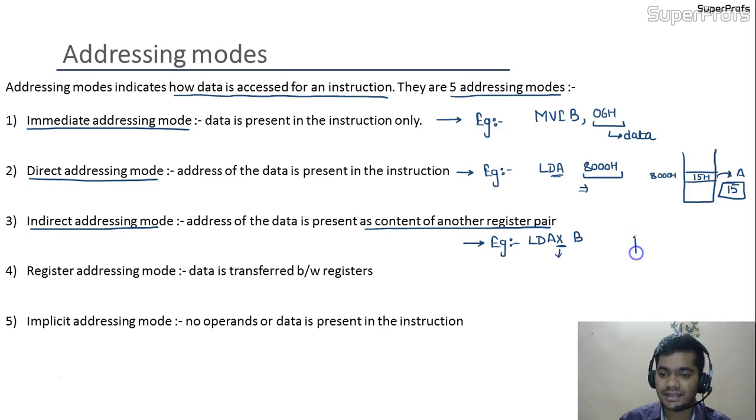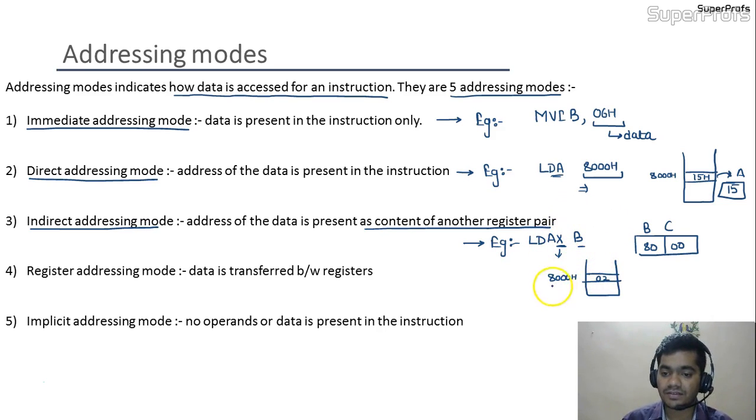It means that suppose in the BC register pair there is data present, that is 8000. Here we are representing the address of the data as the content of this register pair. So in the memory, when we see this 8000H, whatever data is present would be transferred to the accumulator.